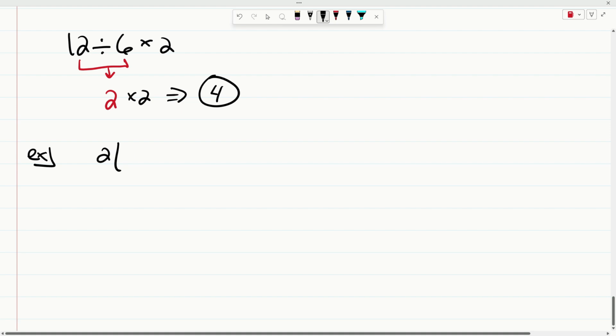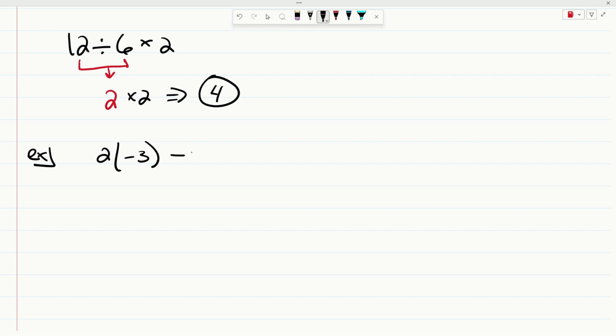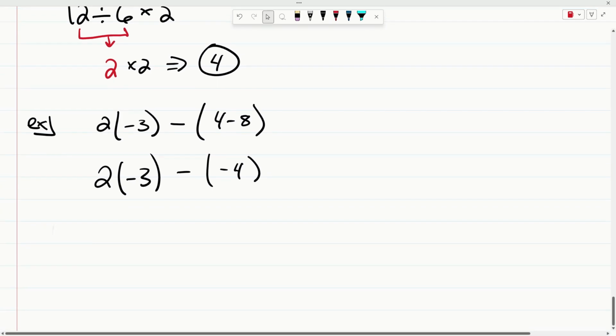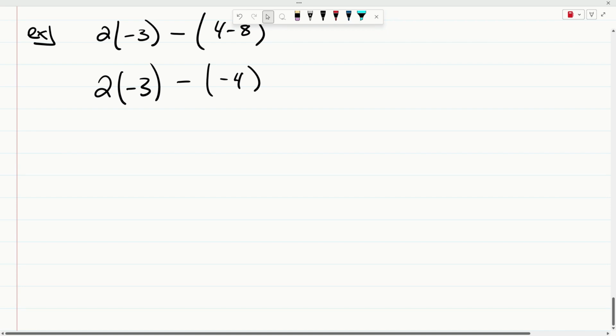So we're going to do 2 times negative 3 minus the quantity of 4 minus 8. All right? So remember, parentheses first. I'm going to rewrite everything exactly the same, except 4 minus 8 is negative 4. Next, going from left to right, I'm going to do exponents. I don't see any. Going from left to right, multiplication or division in the order they appear.